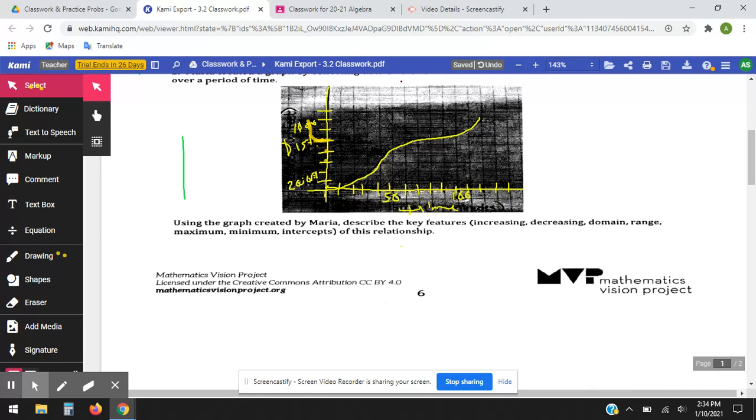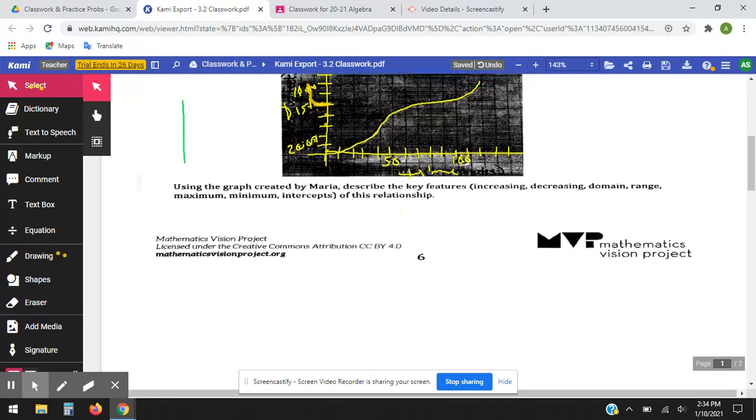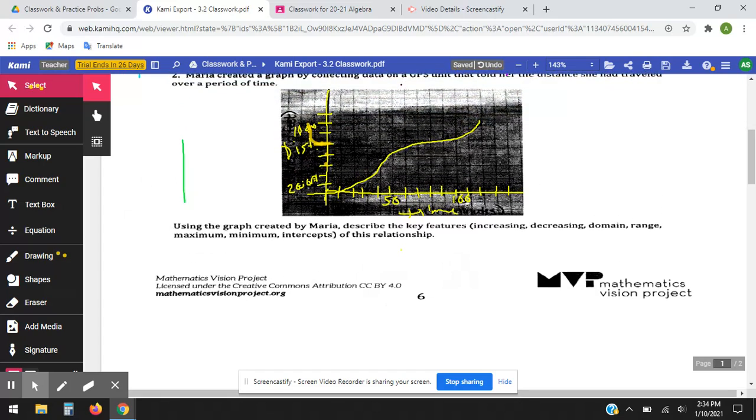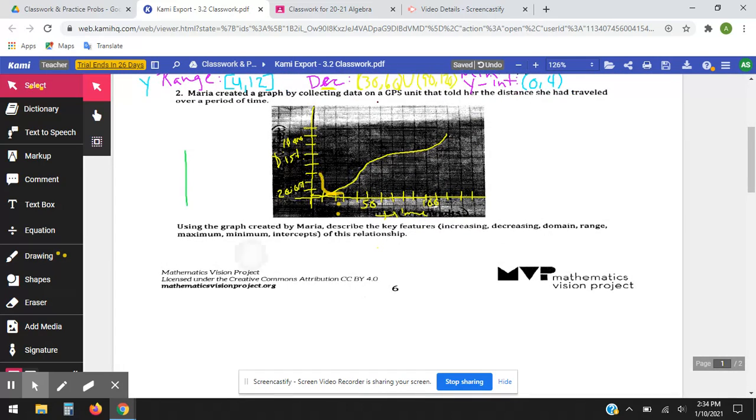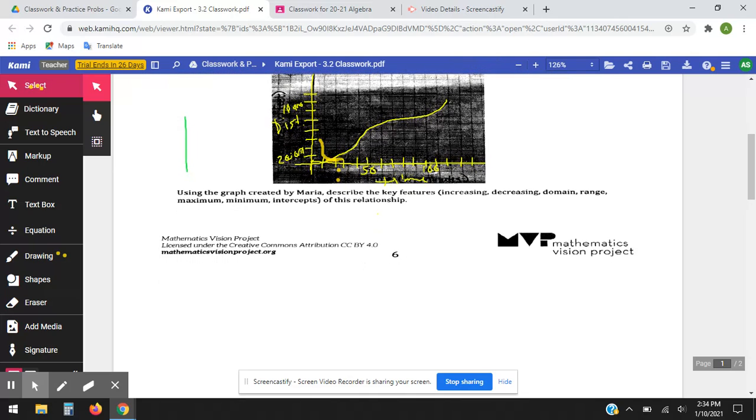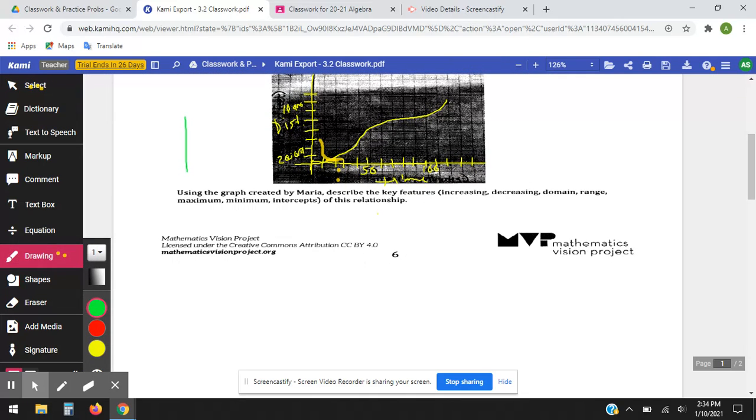So again, we're going to do all those pieces we just did. I'm going to zoom out just a tad so we can see our graph and I can get those all written out. We started out writing everything in purple, so let's do that again.